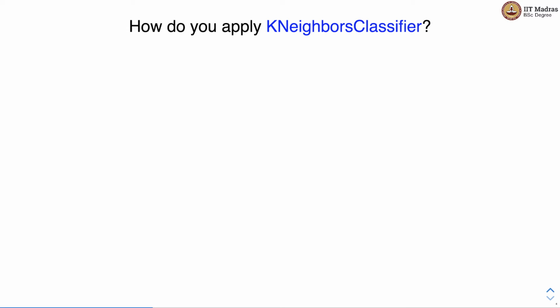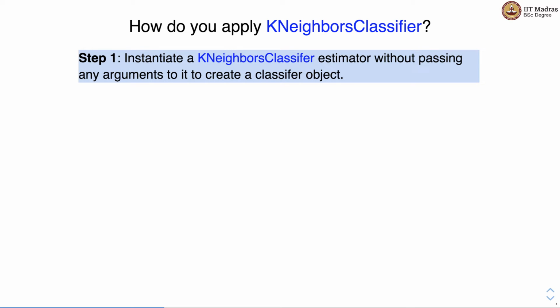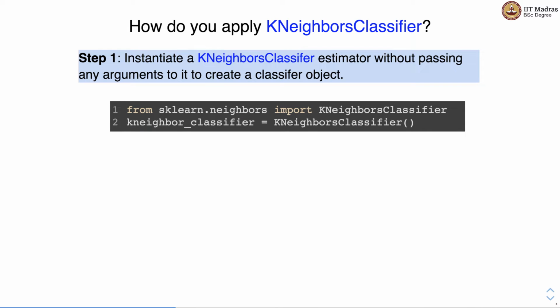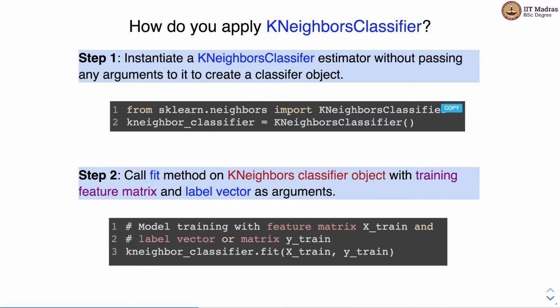Let's see how to apply KNeighbors Classifier. We instantiate a KNeighbors Classifier without passing any argument to create a classifier object. So we import KNeighbors Classifier from sklearn.neighbors module. And in the second step, we call fit method on the classifier object with training feature matrix and label vector as arguments.